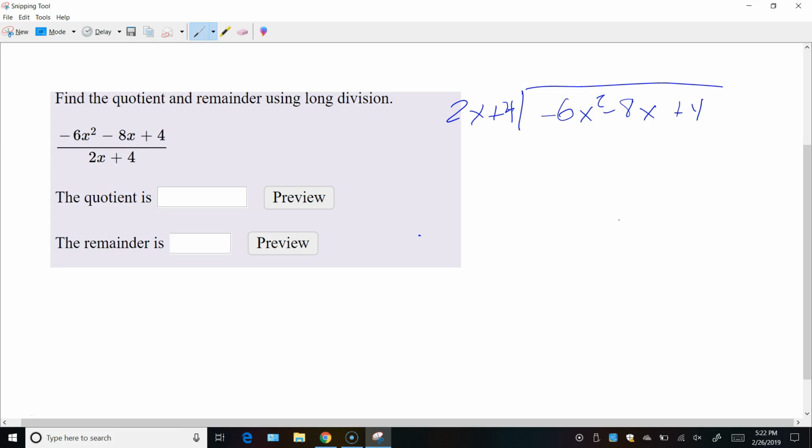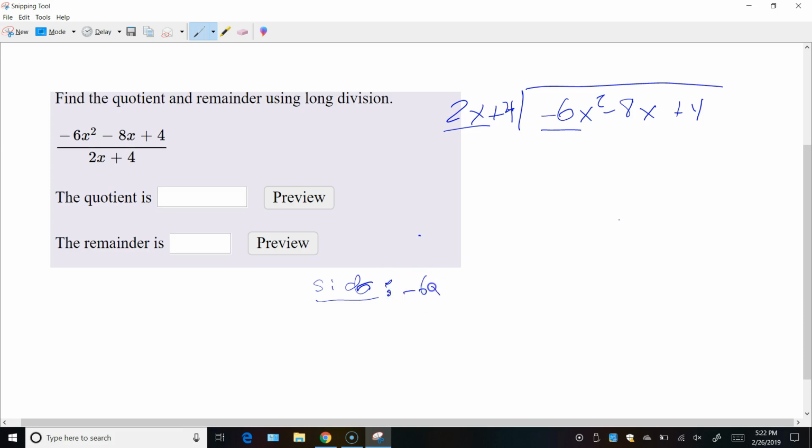To continue, the first step is you take the negative 6x squared and you divide by 2x. This is a side step that is not part of the main division problem. I want to be clear on that. You put, for example, on the side somewhere, the first step. And you need to take this first step because you need to decide what to put up top in the quotient. So side work will look like this.